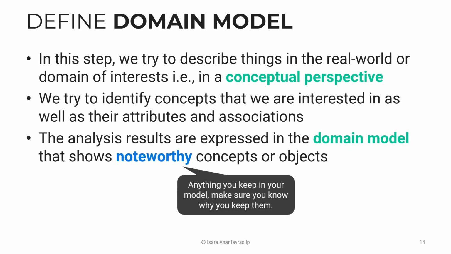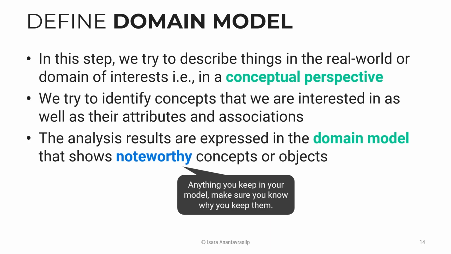After you have the use cases, we normally start to define the domain model. In this step, we are trying to describe things in the real world, or the domain of interest, in what we call the conceptual perspective.